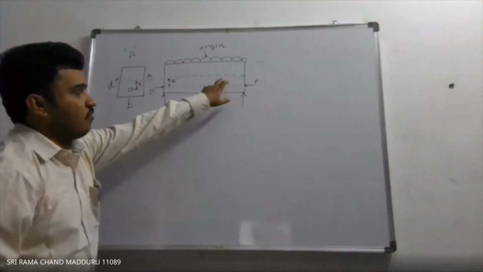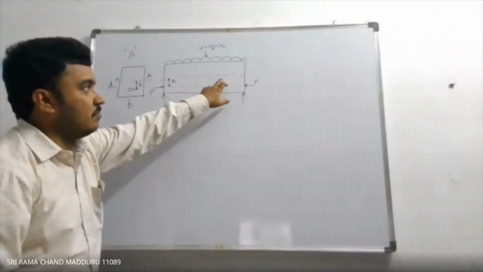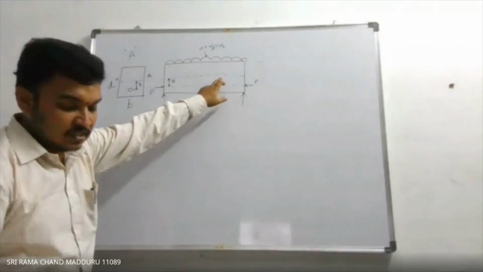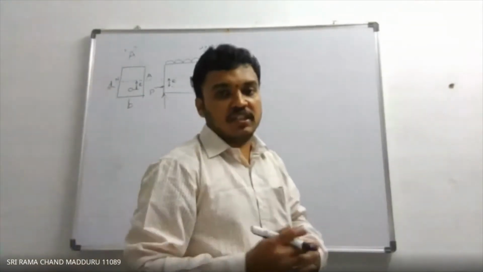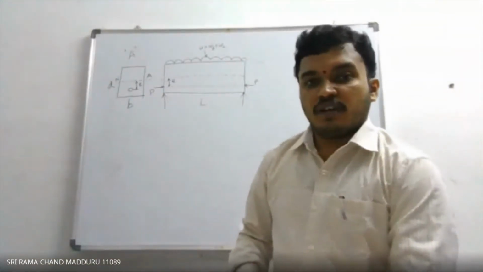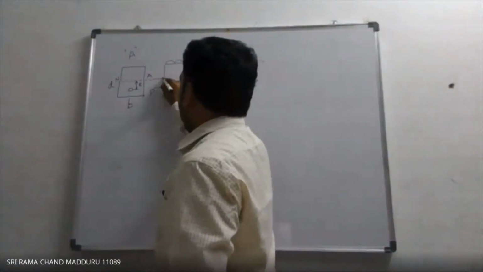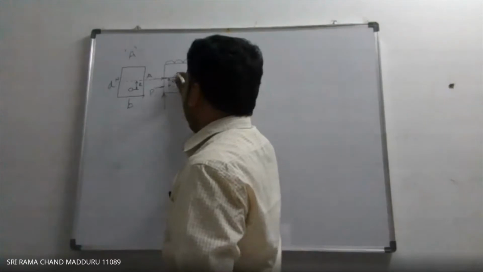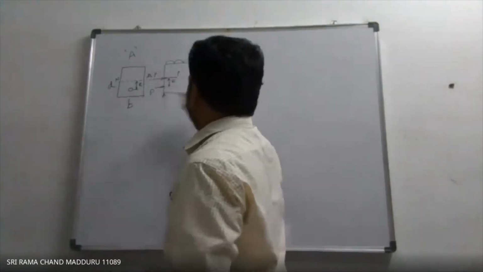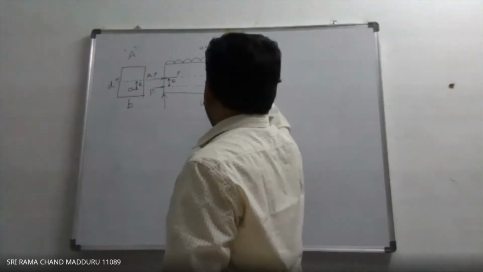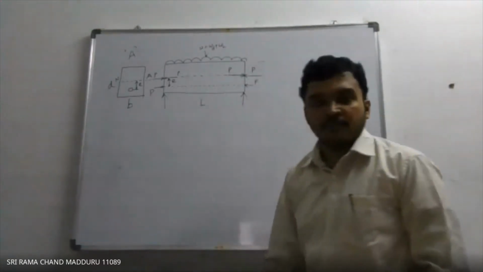Now for this beam, we can draw an equivalent beam. That means we can change the beam into an equivalent beam. How are we doing it? Apply equal and opposite forces of P at the neutral axis.